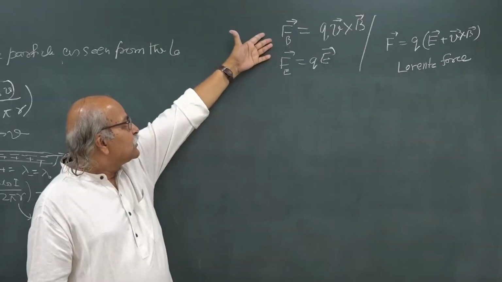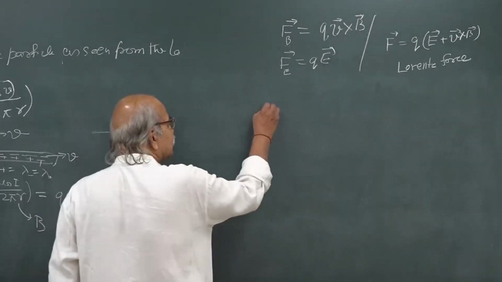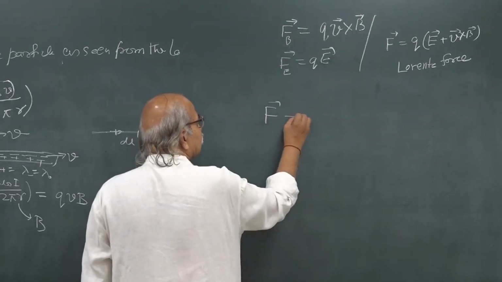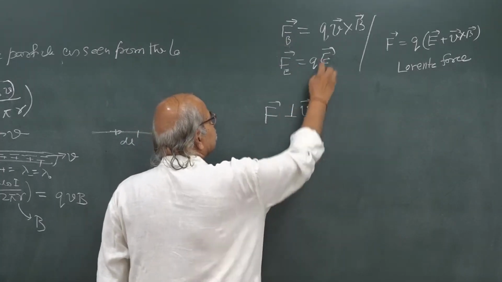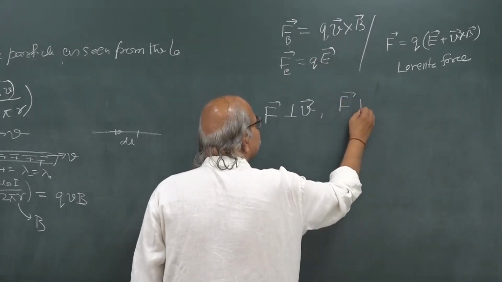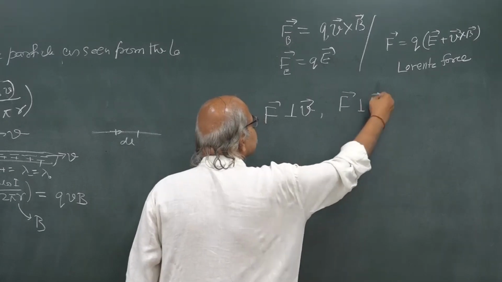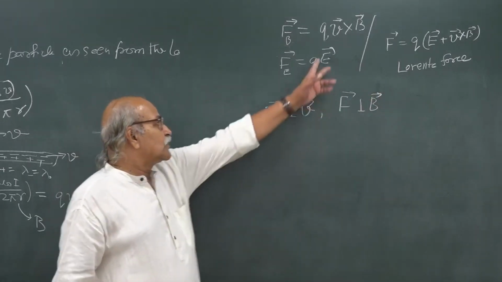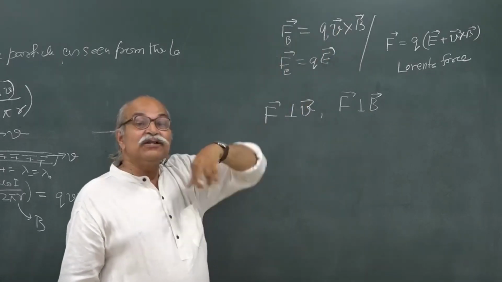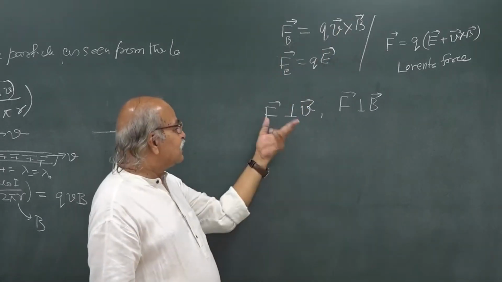Okay. This equation tells that this magnetic force is perpendicular to the velocity, it is a cross product, and also perpendicular to the magnetic field, right. A cross product of two vectors is perpendicular to each of the two vectors, and therefore it is this.